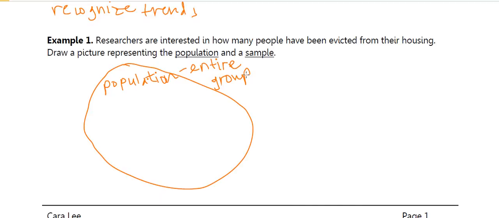However, it's usually pretty impractical to do that. So usually we find a subset of people, and that is our sample. That is a subset of the population.